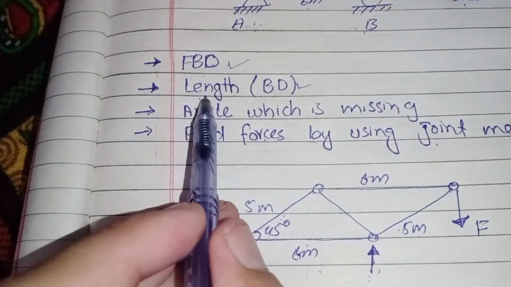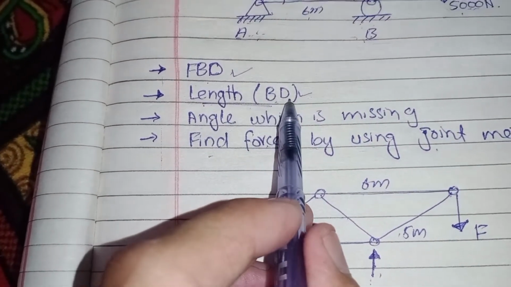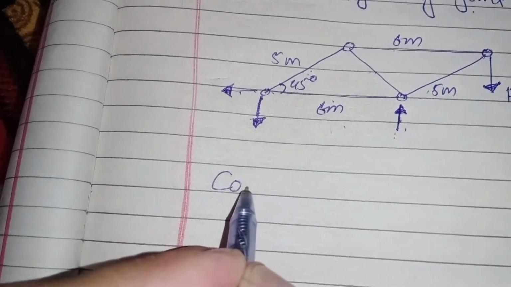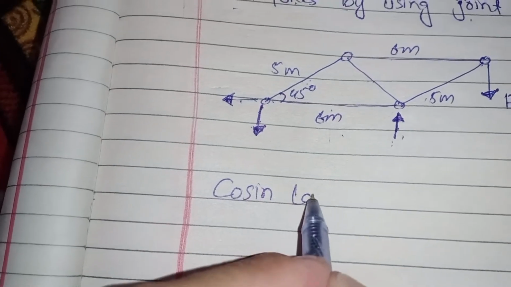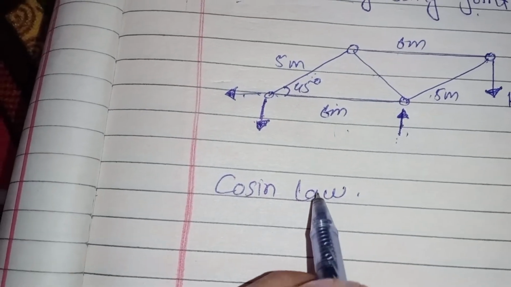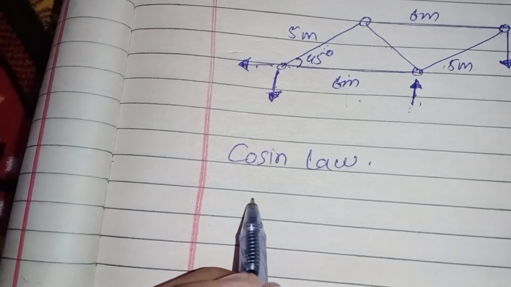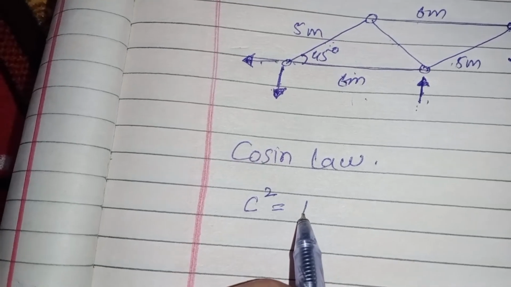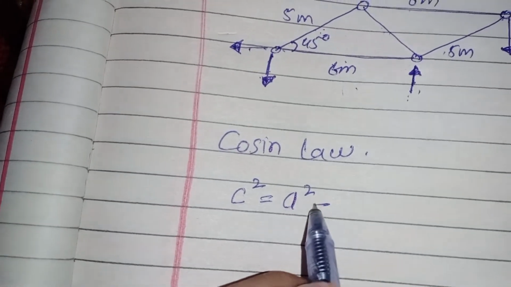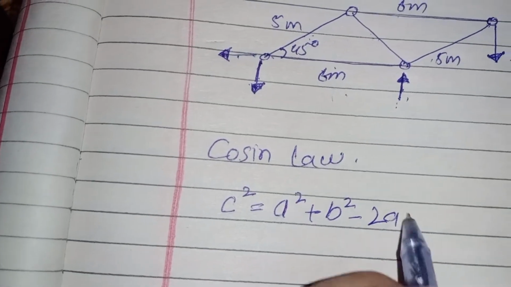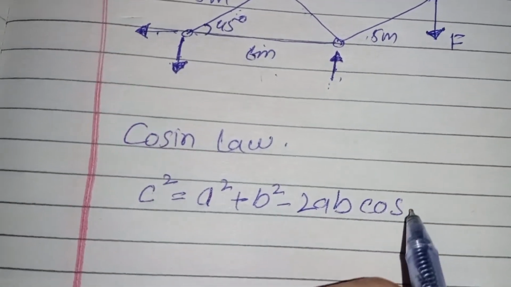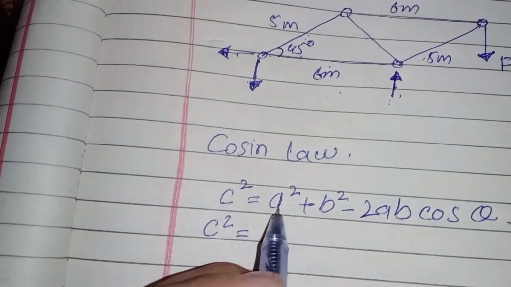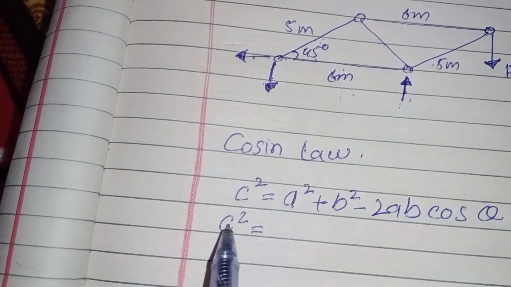The next step, we will find the length BD. So I will use the cosine law, or formula, to find this. The cosine formula is like that: C square equals A square plus B square minus 2AB cos theta, where this is theta.